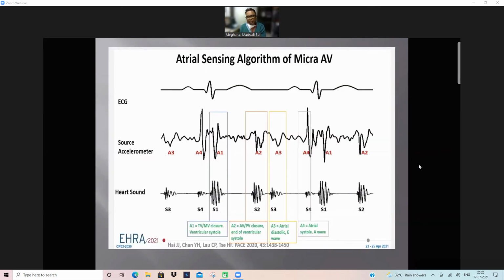Now the question is whether this A4 can get disturbed. So this phonocardiography can get disturbed if you have an atrial lead which can whip the atrium. So better to remove those atrial leads if you are implanting Micra AV in a patient who has an existing atrial lead or atrial device.